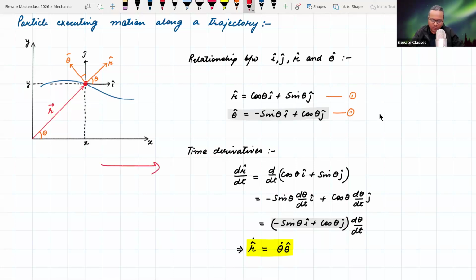The x-axis and y-axis are always constant as the particle is moving. The motion of the particle does not affect the directions of I cap and j cap, but it does affect the directions of r cap and theta cap. So if the particle reaches here, the r cap direction and theta cap direction will also change. And it is because of this that we have these relationships between r and I, j, and theta and I, j.